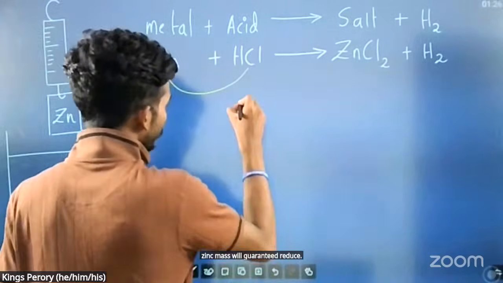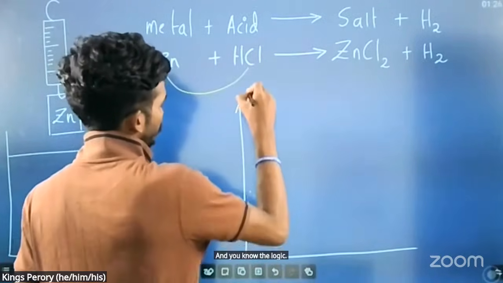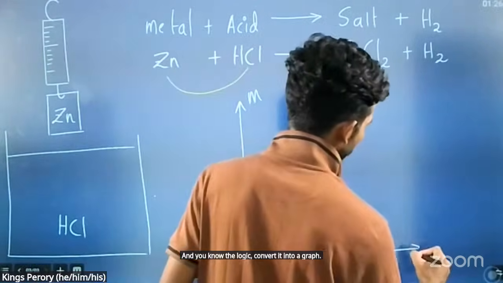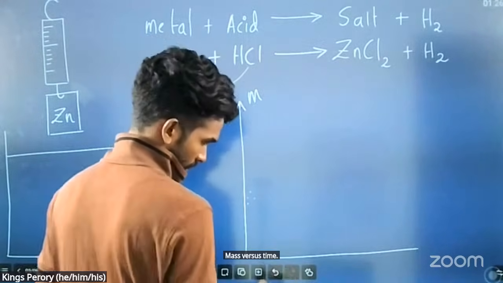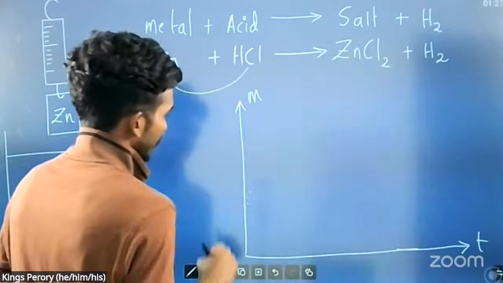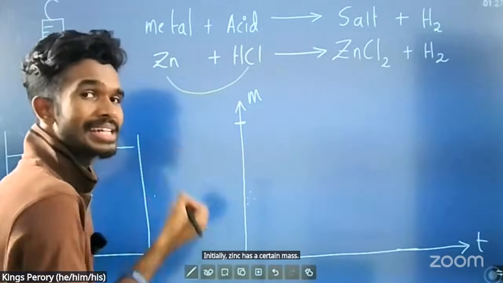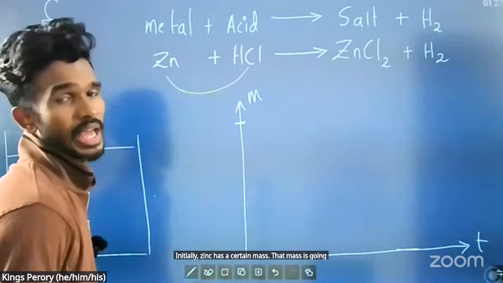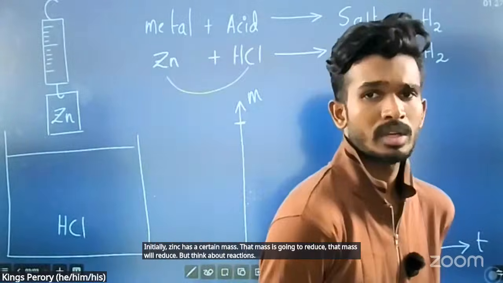So now convert it into a graph. Now you know the logic, convert it into a graph. Mass versus time. Initially, zinc has a certain mass. That mass is going to reduce. But think about reactions.